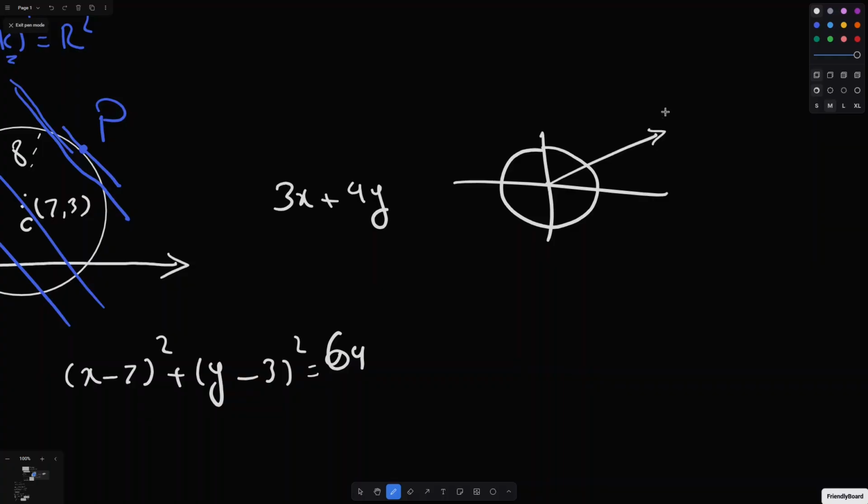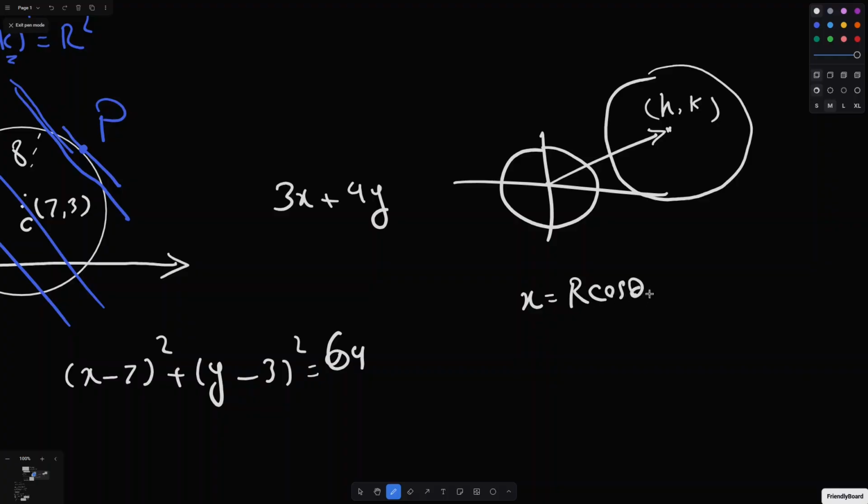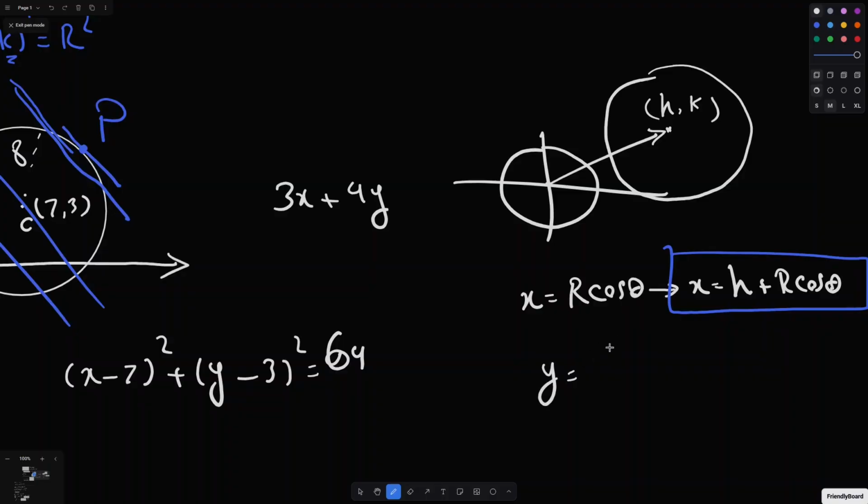When it is shifted to some other point, you also have to consider h and k. So in the normal situation, your x equals r cosine theta, but when you shift it, your x equals h plus r cosine theta. This is going to be your x, and exactly the same for your y as well.